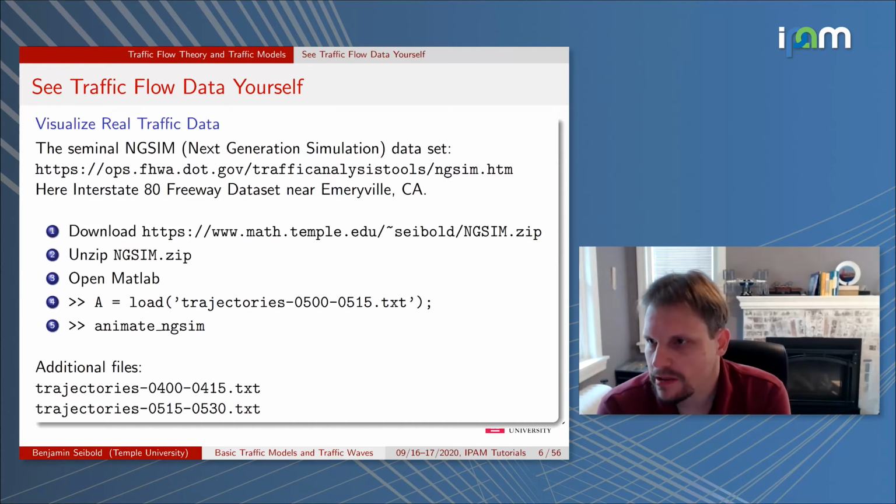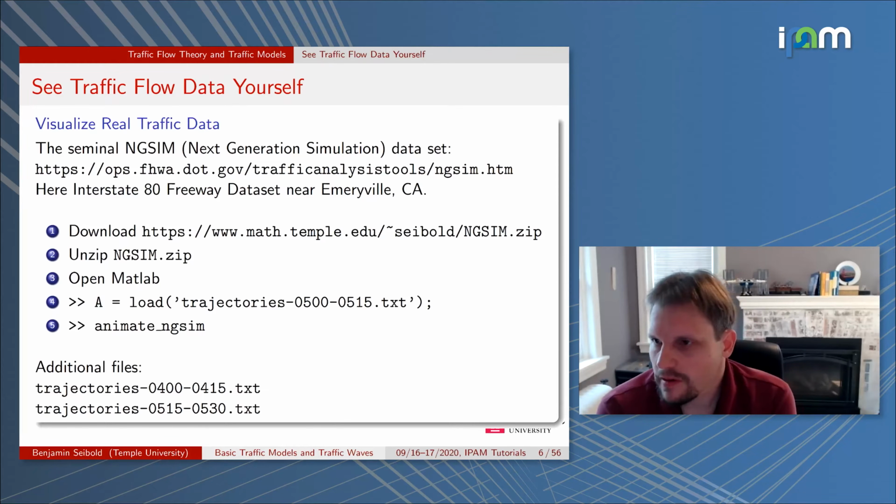It's the precise trajectories of all the vehicles on this segment. Essentially what I provide here is just these data, and, together with Dan Work, I added a MATLAB file called animate ngsim that you can use to run the video and plot the evolution in real time.